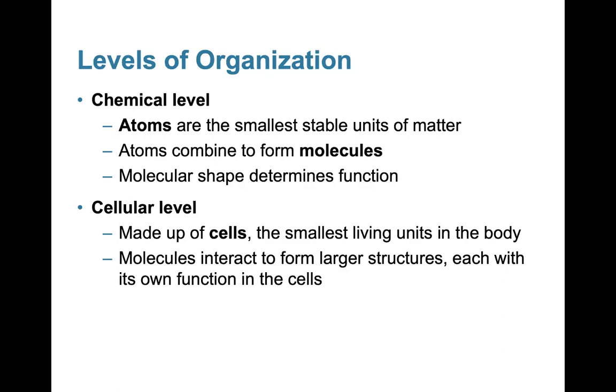We're actually going to start at the smallest level, and that would be the chemical level. And you are made up of atoms, which are the smallest stable units of matter that exist. And atoms will combine to form molecules. Molecules will then come together to form cells. And that's what we refer to as our second level of organization here, the cellular level.